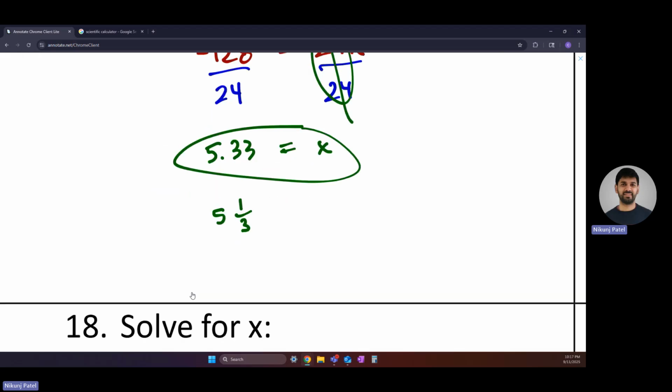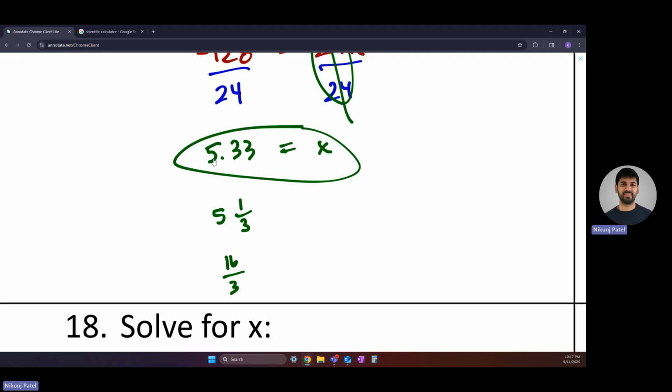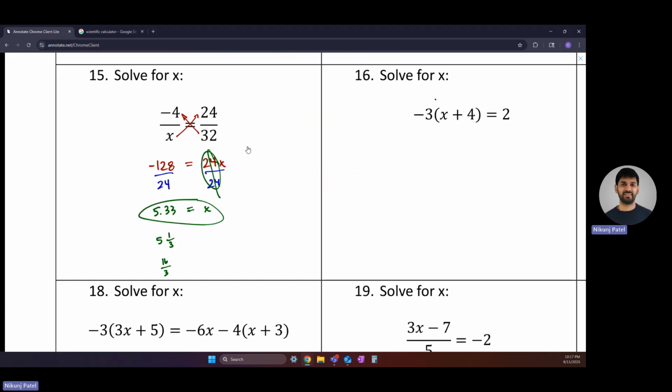Which would be 16 over 3. And in that case, you can just divide these two, 16 divided by 3, and there's your 5.33. So you can always compare any type of answer choice to a decimal. So you might see this, you might see this. It really just depends on the question and the answer choices.